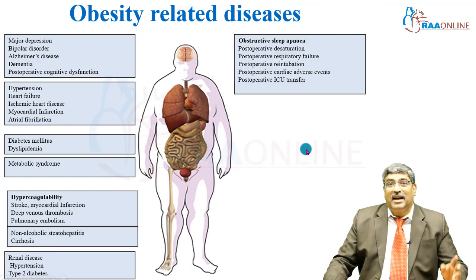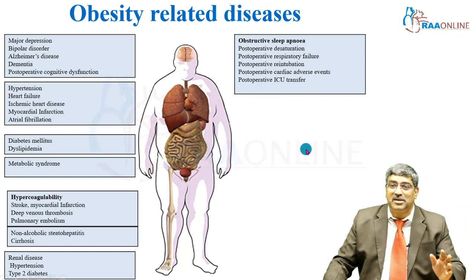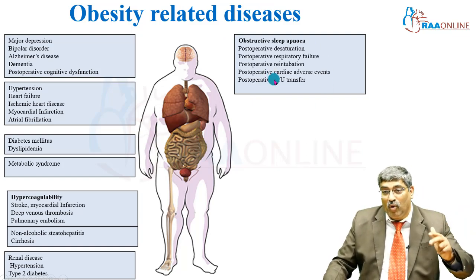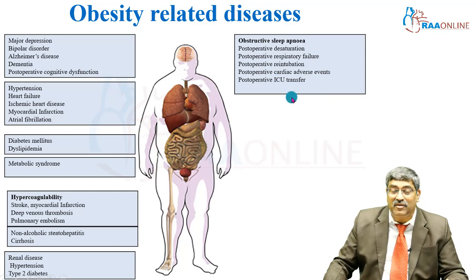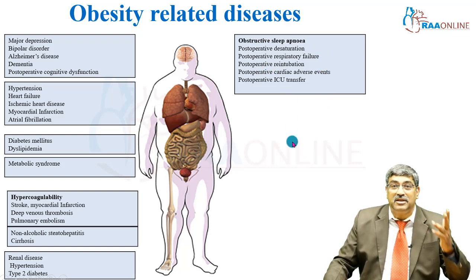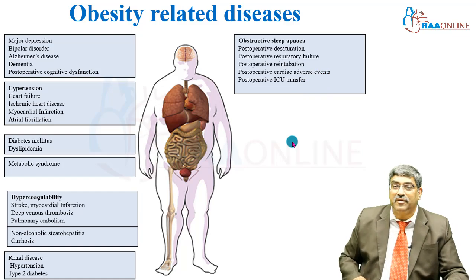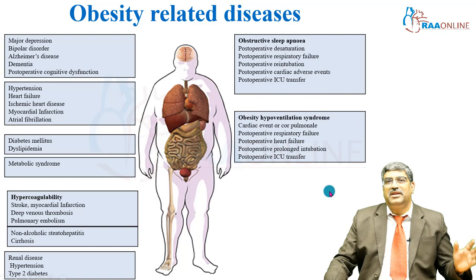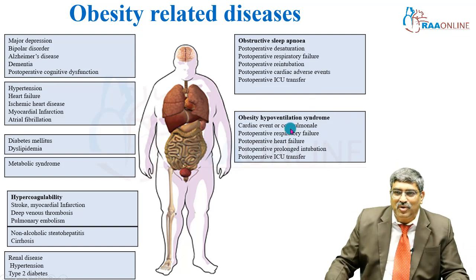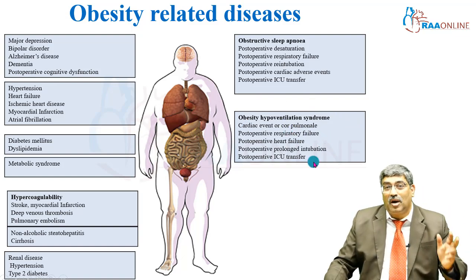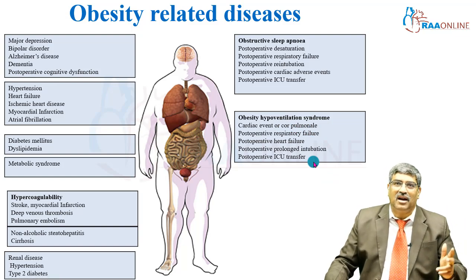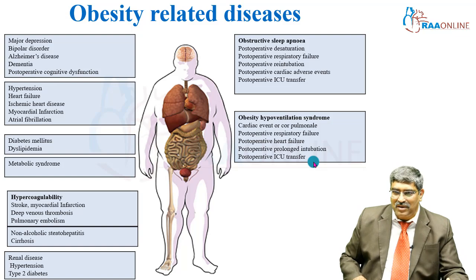Obstructive sleep apnea can lead to a lot of complications in the post-operative period like desaturation, respiratory failure, more reintubation, cardiac adverse events, and again shifting back into the intensive care unit. And hypoventilation, obesity hypoventilation syndrome, can lead to cor pulmonale, post-operative respiratory or heart failure, prolonged intubation, and again ICU transfer.